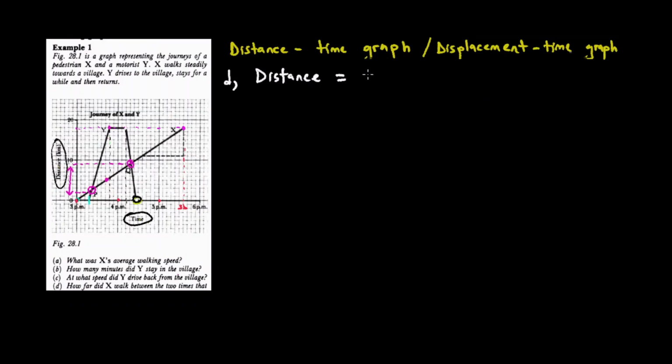So this point is 9 kilometers. Subtract the point where he was first passed, which is 2 kilometers. So our answer here is 7 kilometers. Do you have any questions in that regard? No, sir. Okay, so that would be the answer.